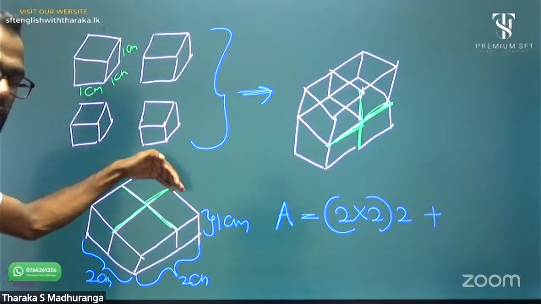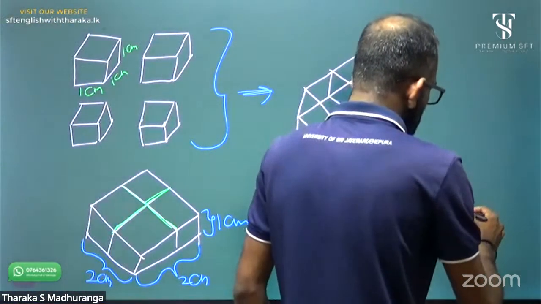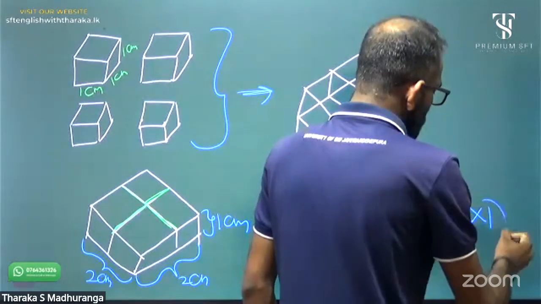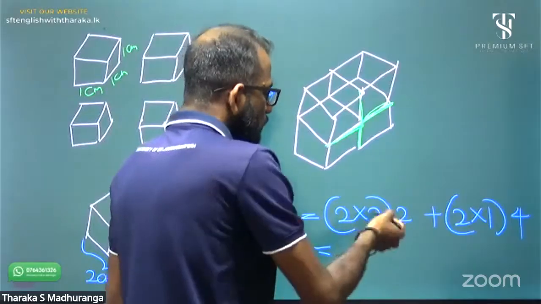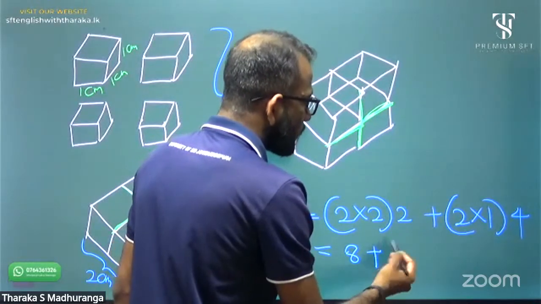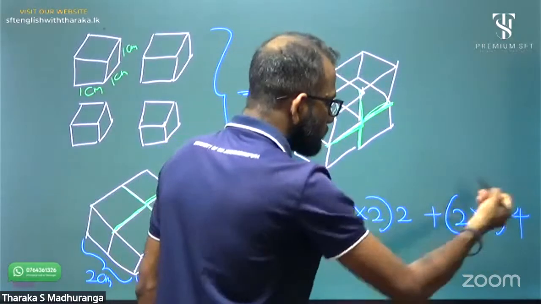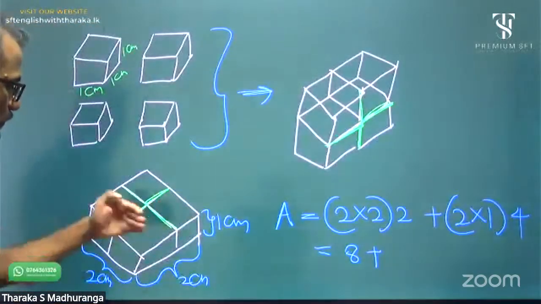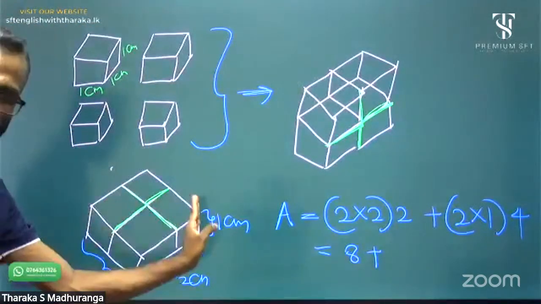Then there are 4 surfaces of 2 into 1. Now 2 into 2 is 4, 4 into 2 is 8. Plus 2 into 1, multiplied by 4 because there are 4 identical surfaces, opposite each other, since it's a cuboid.